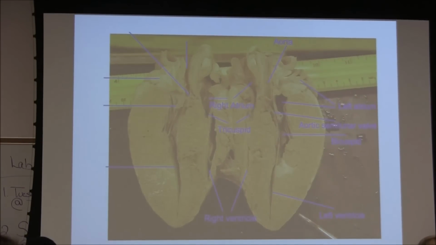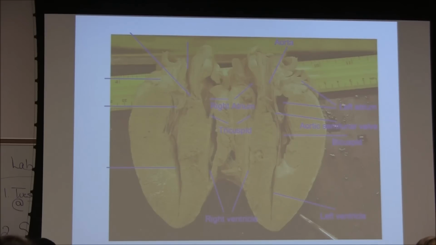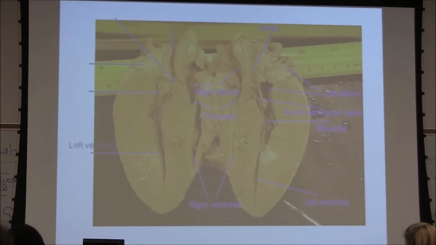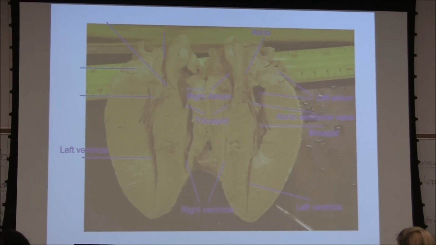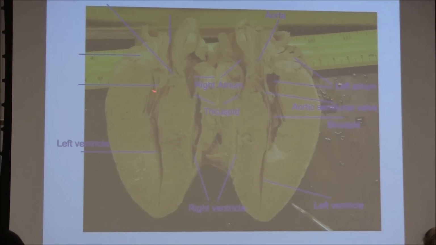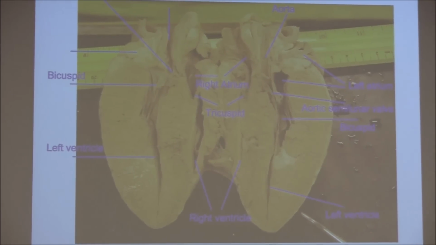It's your right ventricle. What's this right here? That is your left ventricle. What is this? That is your bicuspid.